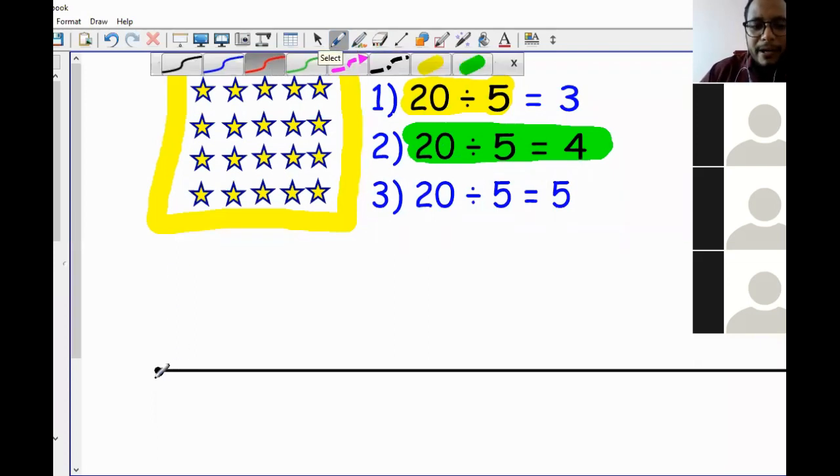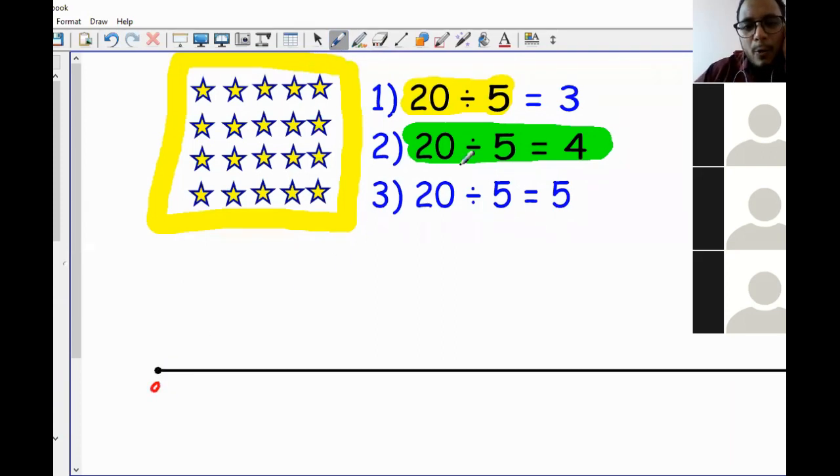I will start where, Arwa? From 0. Okay, and I will make jumps of what? 5. So 0 plus 5 equals 5. Can I make more jumps? Yes. Plus 5 equals 10.